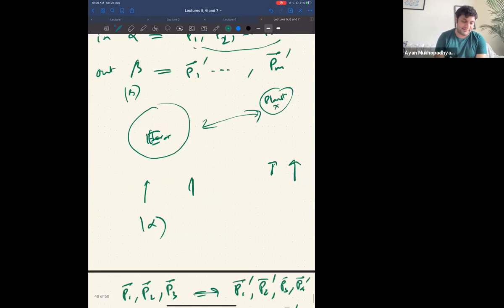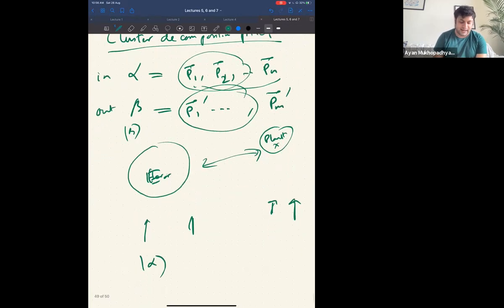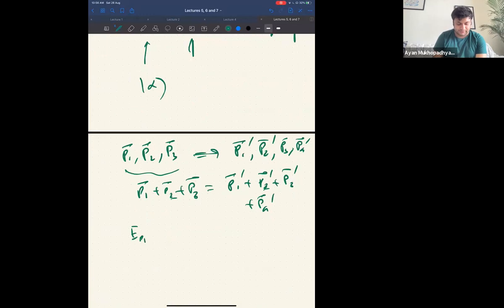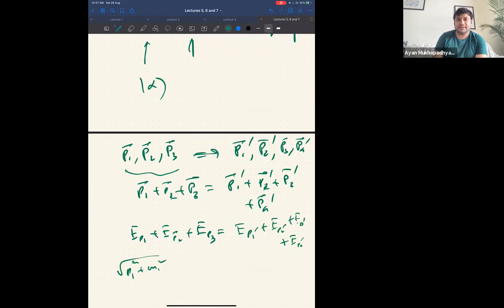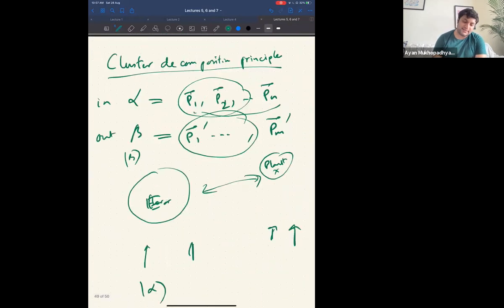So there's a subset here and a subset there where momentum is conserved. And also the energy of these particles, E_P1 plus E_P2 plus E_P3, where E_P is essentially the square root of P squared plus M squared, is equal to E_P1 prime plus E_P2 prime plus E_P3 prime plus E_P4 prime. So you are looking at processes where you have energy-momentum conservation.